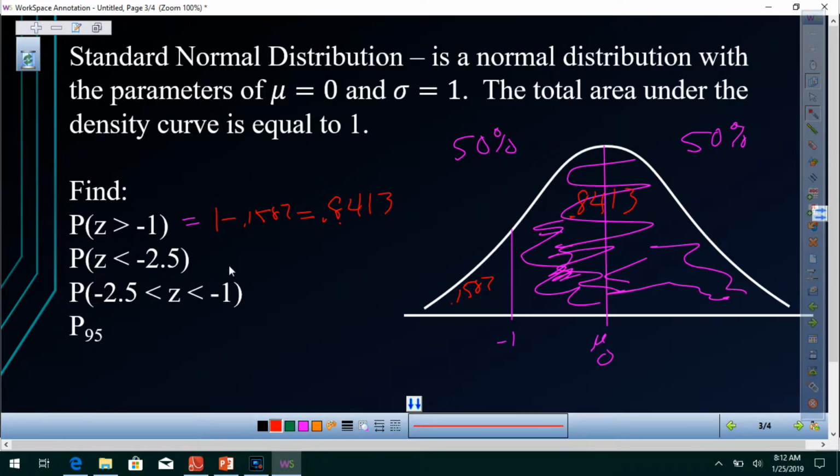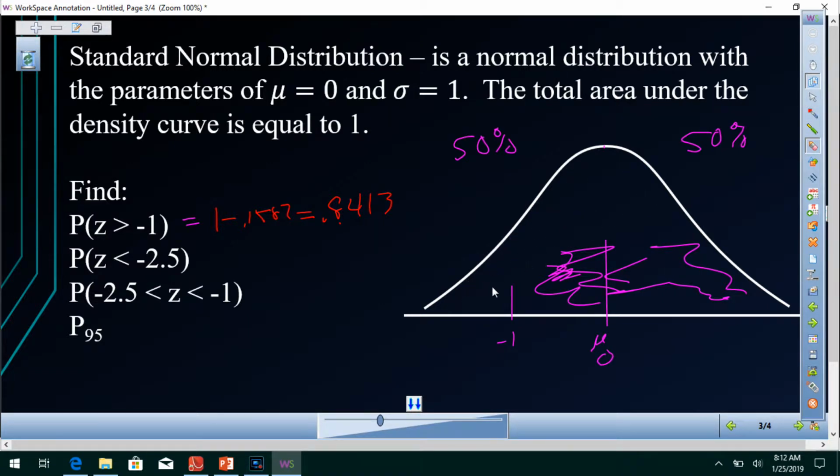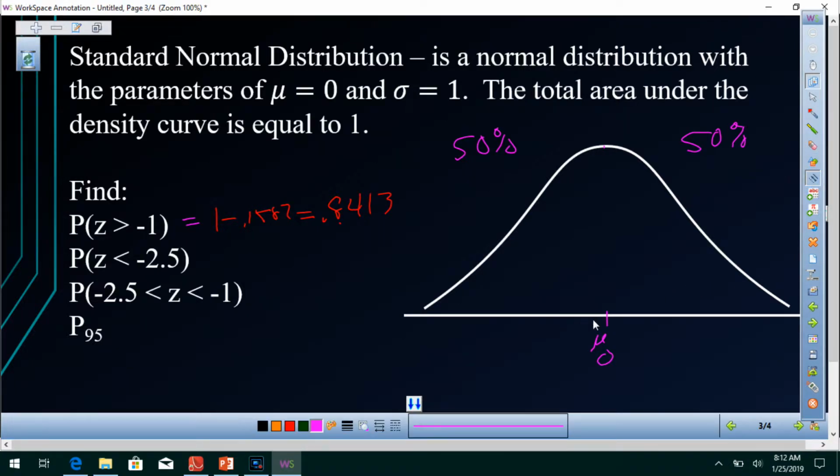Now let's see if we can find the second one. We've got negative 2.5. About 1 is here, about 2 is right there. So we're wanting the area less than negative 2.5, this area right here.